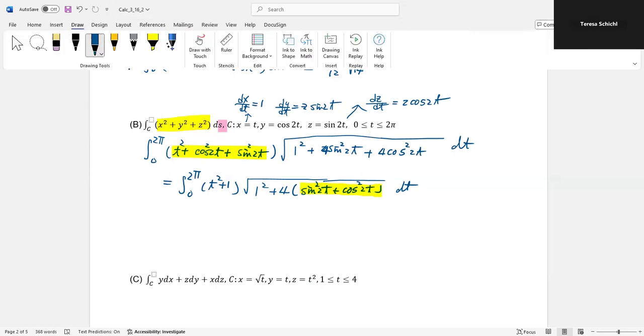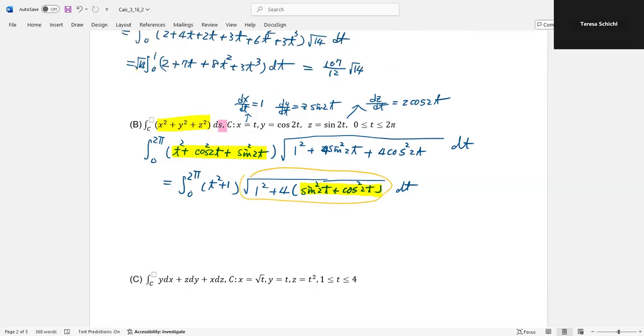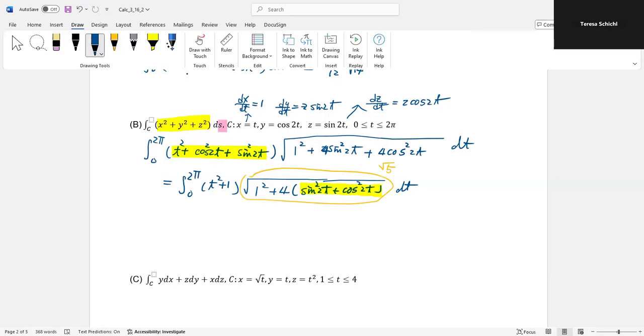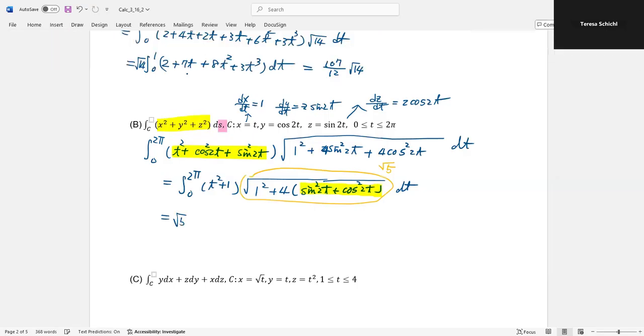So the whole thing here, the whole distance, will just be the square root of 5. Okay, so now we can do the square root of 5, then 0 to 2 pi, t squared plus 1 dt. So this will be pretty straightforward. Then this will just be the square root of 5 times t cubed over 3 plus t, right?